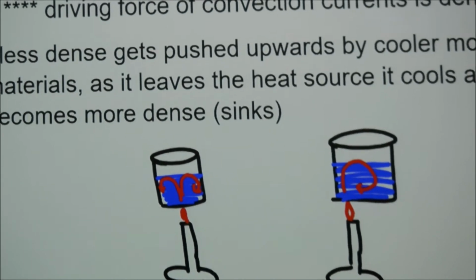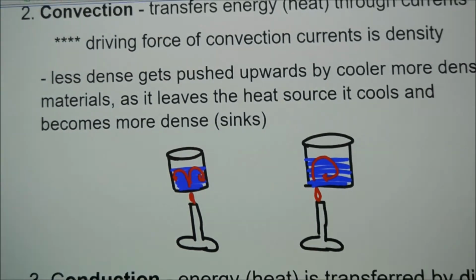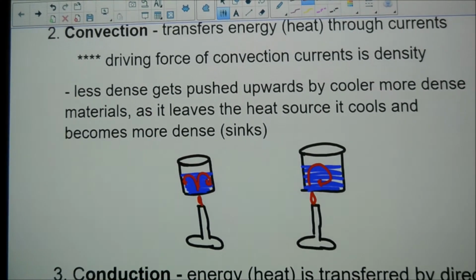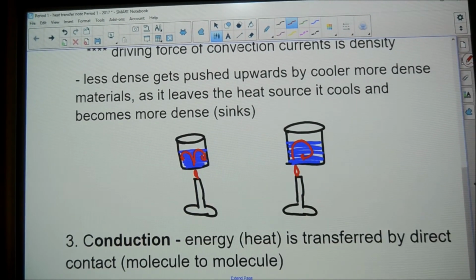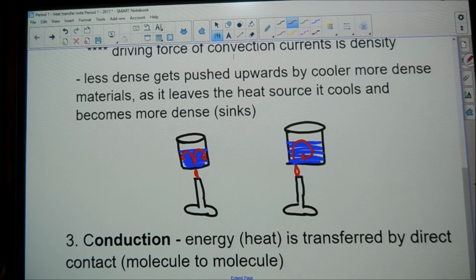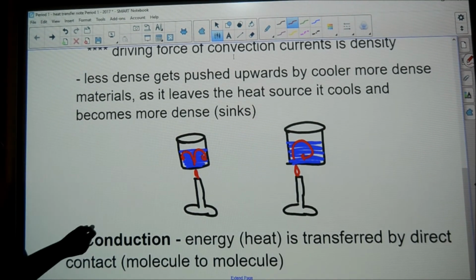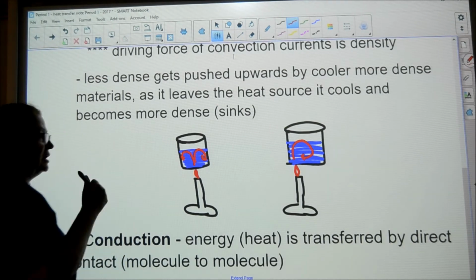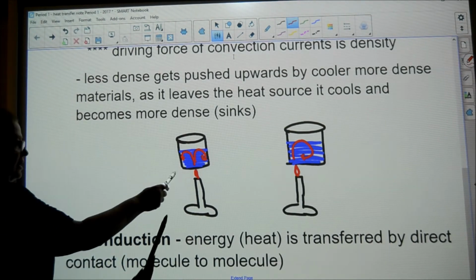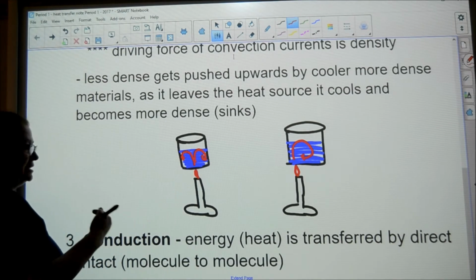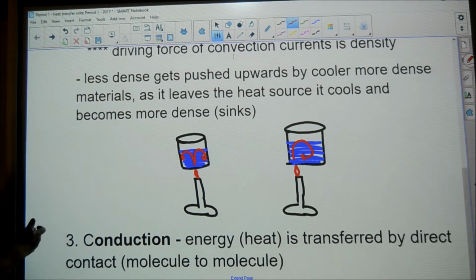Next, conduction. Now conduction's got a D in it. D, direct contact, molecule to molecule. So it needs to be touching. So if I'm looking at it, the flame, whatever it touches, actually is going to heat. So molecule by molecule, I'm heating my water up if I have a kettle.